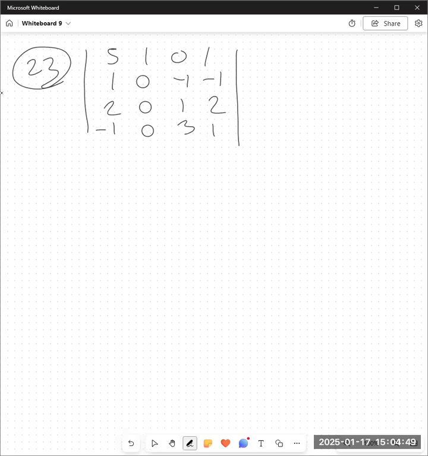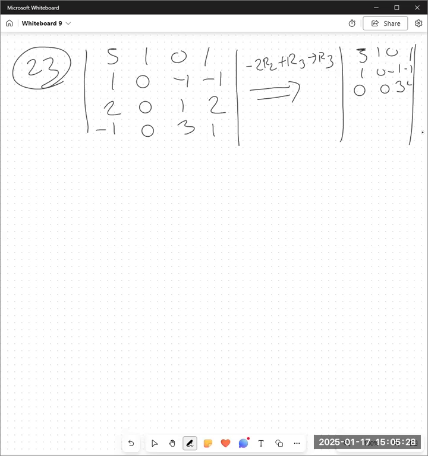So -2 row 2 plus row 3 produces a new row 3, and this keeps the same determinant. 5 1 0 1, 1 0 -1 -1, and then 0 0 3 4, and -1 0 3 1.